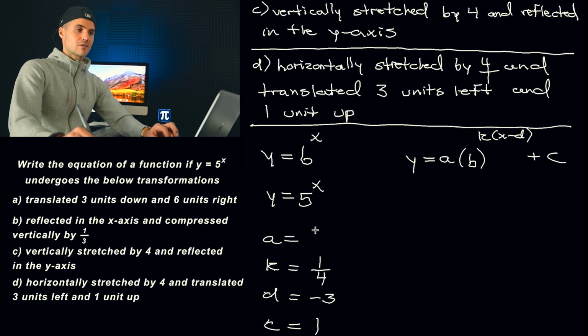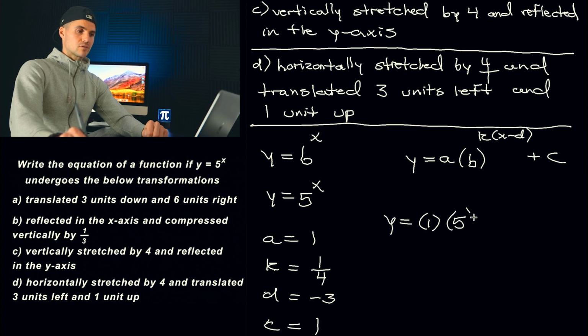Okay, now the a value, we're not told of any reflections in the x-axis. We're also not told of any vertical stretches or compressions, so the default value is just 1. And then the k value is positive because there's no reflection in the y-axis given. So these would be the values here. So we'd have y equals, let's put the a value of 1.